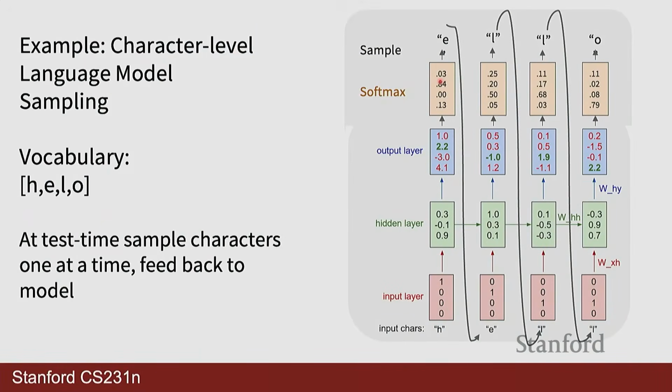So the question is, if we're always taking the maximum probability output at each time step, won't we always just be generating the same thing over and over again? And the answer is yes, actually. If you just took the maximum probability, I guess this example is not so good, but imagine the probabilities are correct here, and you just took the maximum probability at each time step, you would always be getting the same output given the same input.